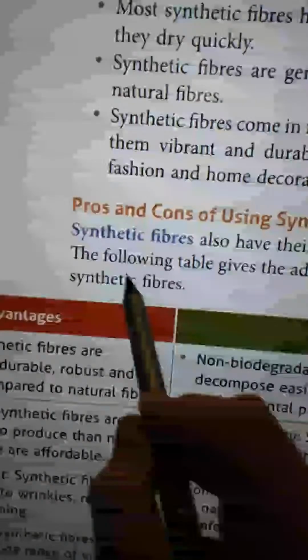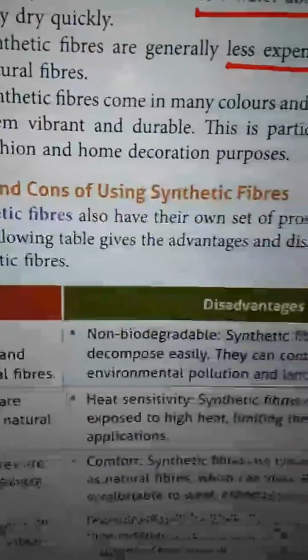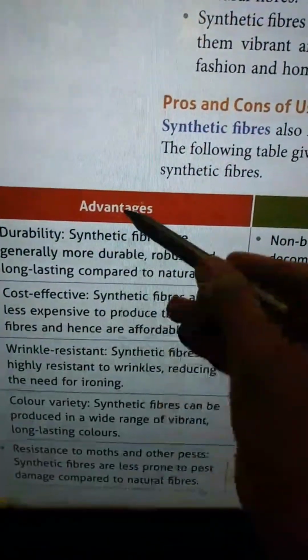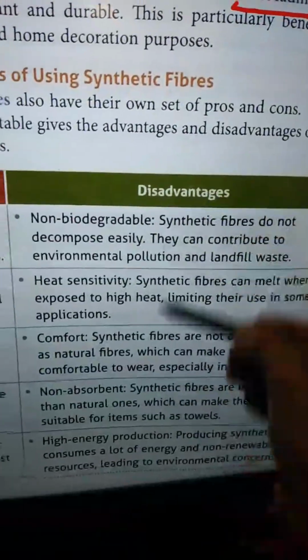And the next very important thing is the pros of using synthetic fiber. There are some good points and there are bad points. So there are advantages mentioned here and bad properties given here.